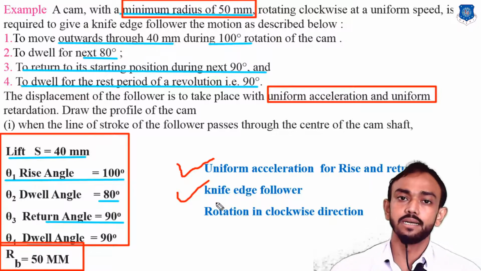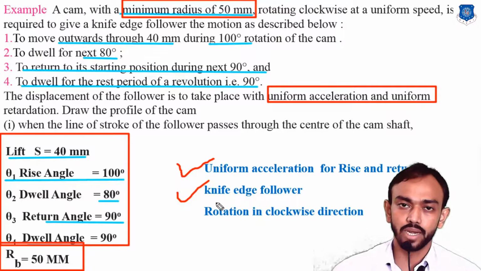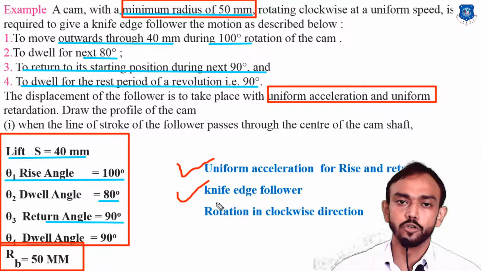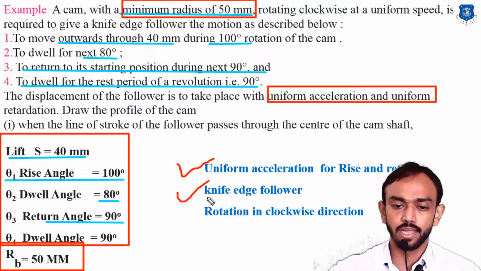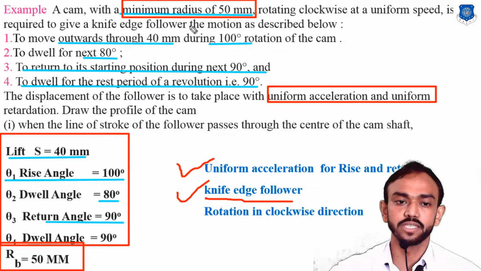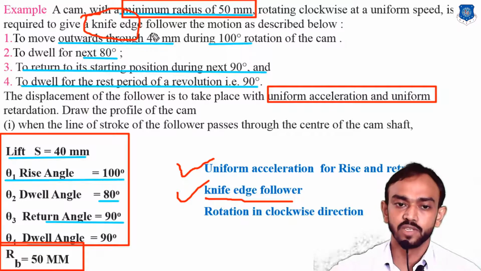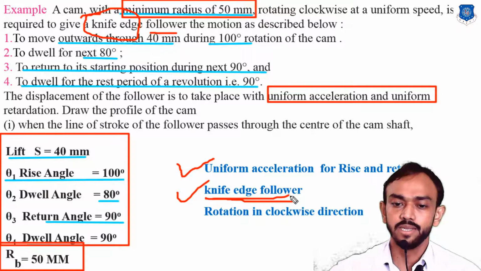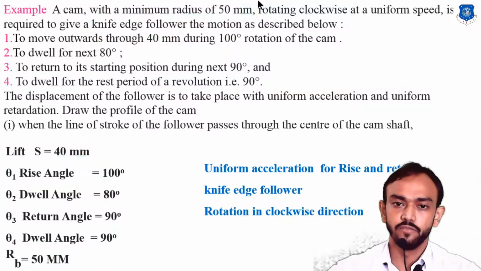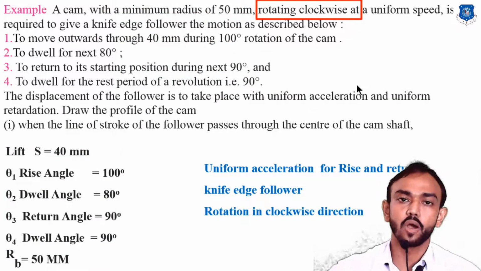There are three types of follower in our numericals: one is knife edge, second is roller, and third is flat face. So first check which follower is given. Here the knife edge follower is given. And in which direction is the cam moving? Check this: in the clockwise direction.